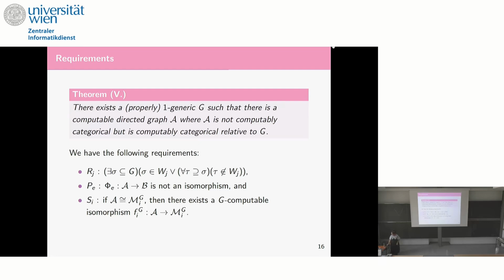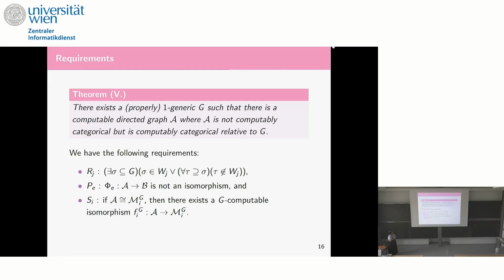The thing that's newer is these categoricity requirements. The first one says phi_E between A and B is not an isomorphism. So we're building a graph A, and we're also going to build a computable copy B of A such that there's no computable isomorphism between A and B. And then lastly, we have these S_i requirements.